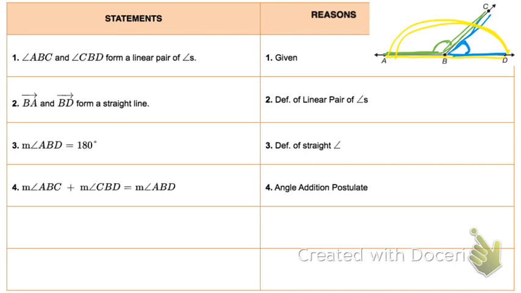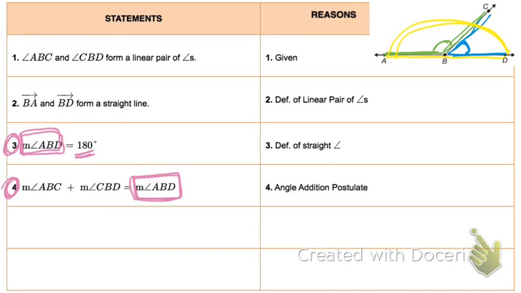Remember, we're trying to prove that angles ABC and CBD, the green and the blue one, are supplementary. Well, let's take a look at what we wrote in step 3 and 4. What do you notice? It's telling you measurement ABD here, and here it's telling you measurement ABD. Here it's telling you measurement ABD is 180 degrees.